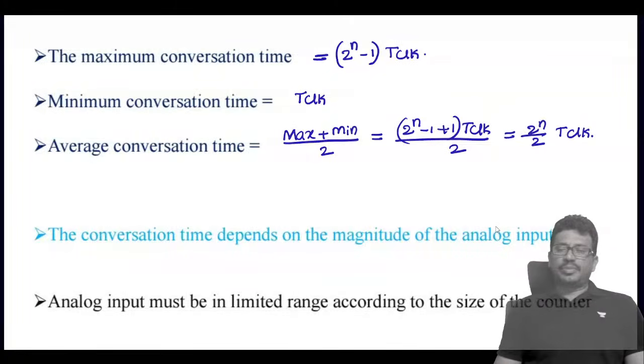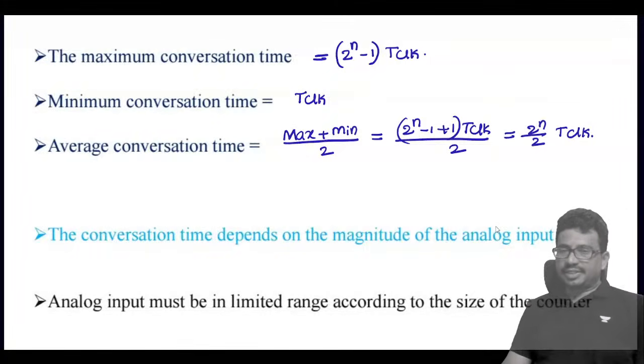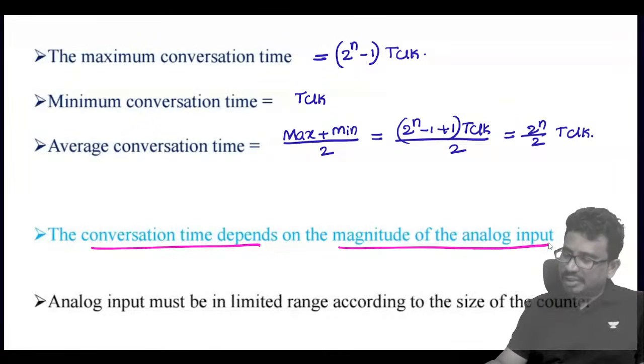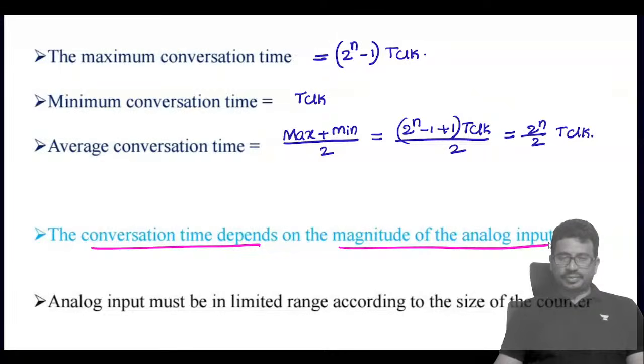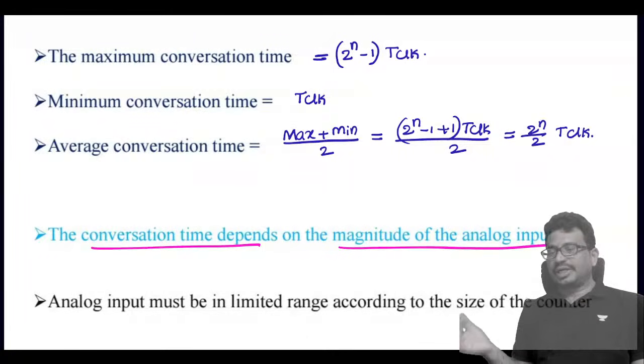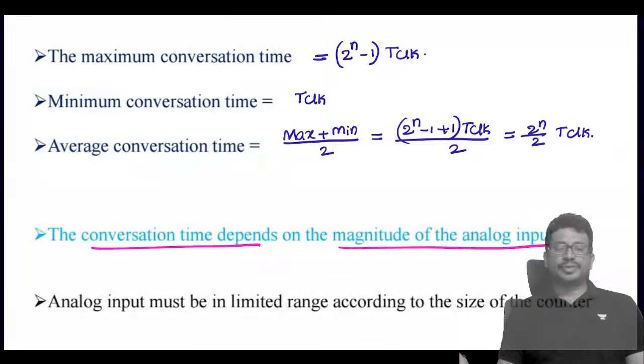Here, the problem of this counter type ADC is what, tell me now. This conversion time depends upon the magnitude of the analog input. If the input value is high, then the conversion time is also more.